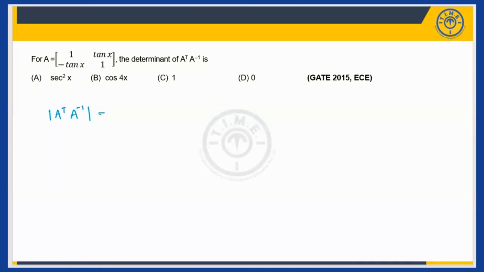Directly by using the properties you can solve. Det AB is det A into det B. And det of A and A transpose are always the same, into det A to the power minus 1. Det A into det A to the power minus 1 is det A into 1 by det A, which is 1. That's it.